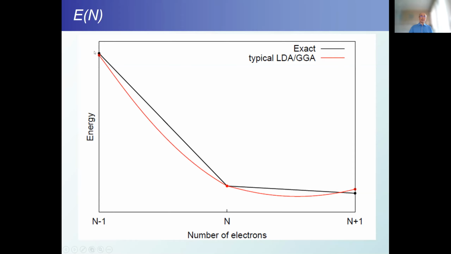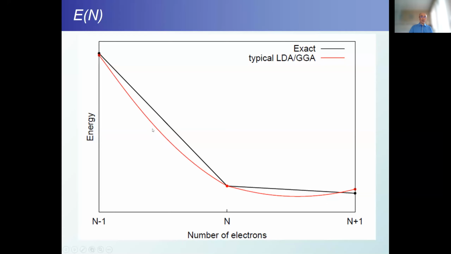So if this is the exact line, the PPLB line, the black one, approximate functionals actually behave convexly, with this red line behavior. This convex deviation means that at integers it seems to approximate the experiment well.